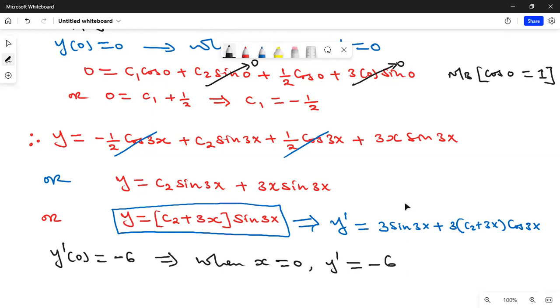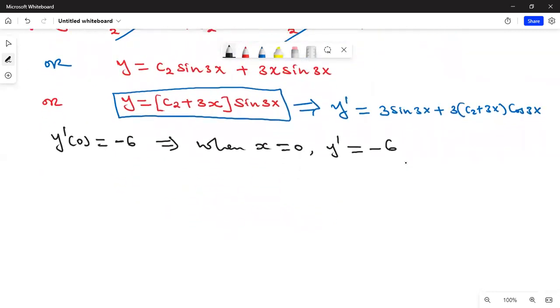So again, let's apply it. Let's see what you're going to get. It will be -6 is equal to 3 sine 0 plus 3 times C2 plus 3 times 0 times cos 0.